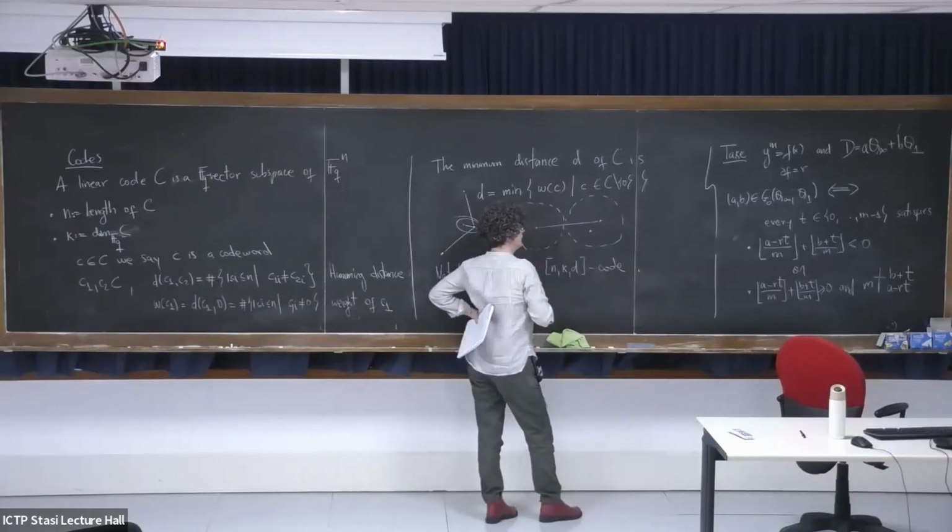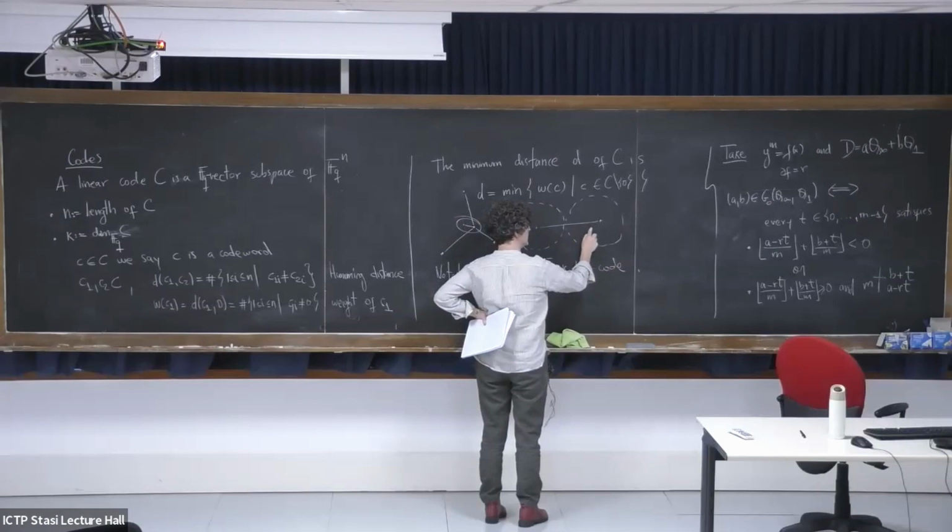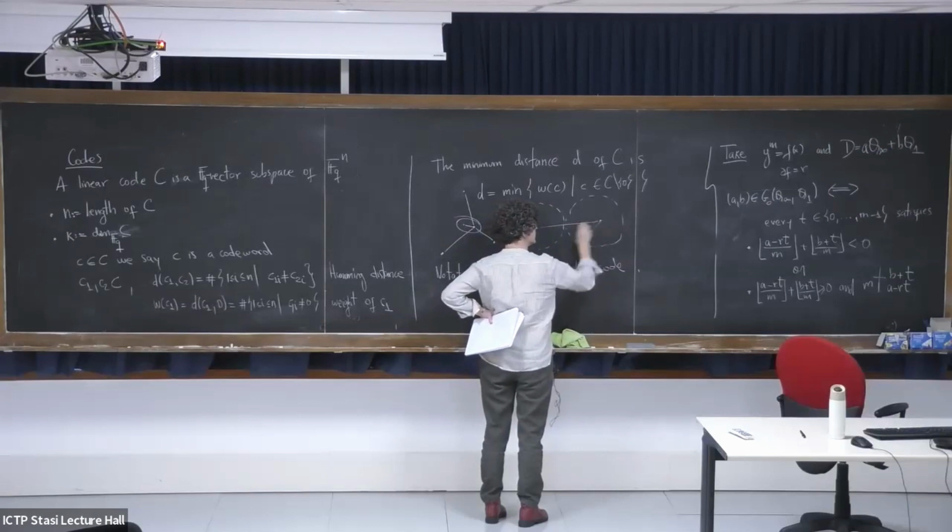If you measure its distance, you see that it's not in the code, because there is no code word at distance 0. But now you can check the distance between this vector and this code word, and between this vector and this one.